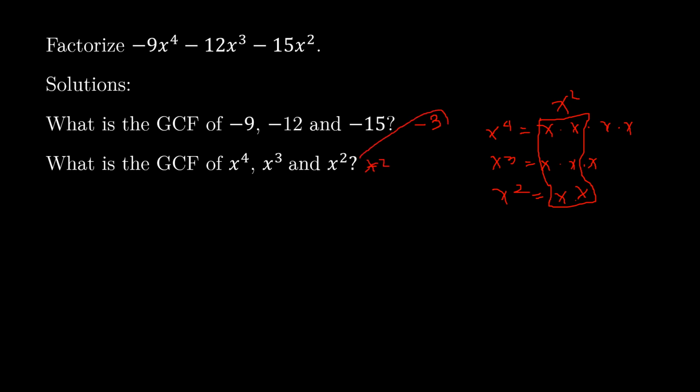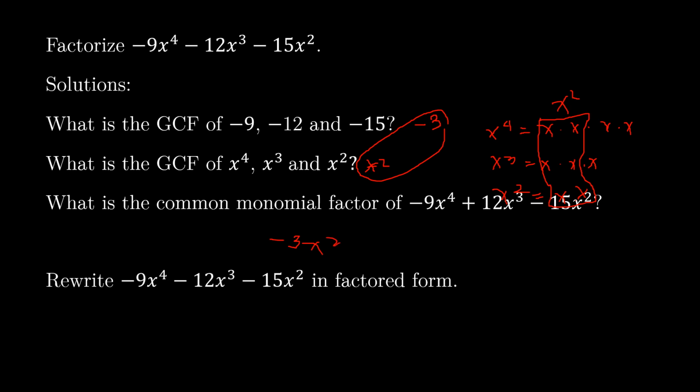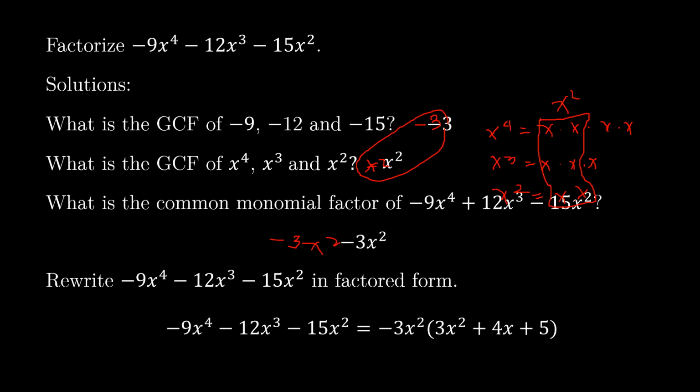Taking these two, our common monomial factor for the entire three terms is negative 3x squared. So now we rewrite this in factored form. This is our common monomial factor. If you divide this with this one, you'll get this one.